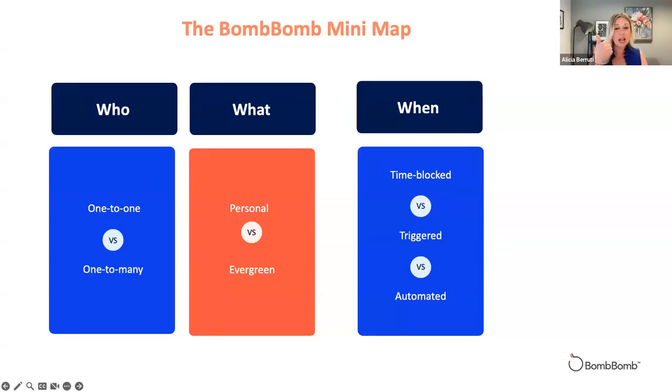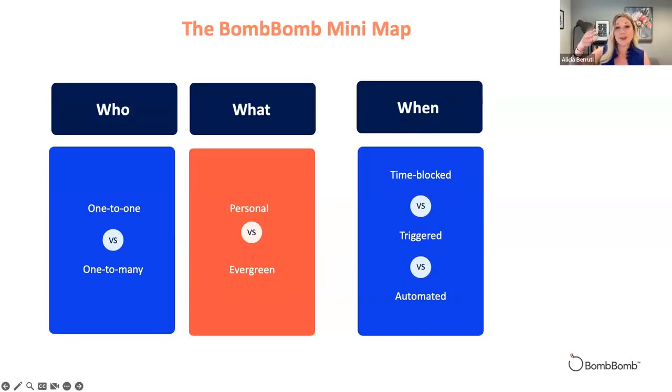Time blocked. Now, triggered would be when this person does this specific thing or moves into this certain step, then they get the video. Now, could that be an evergreen video? Absolutely, right? Because the moment that their appraisal comes in at value for the Chris Brown mortgage team, that triggers, I think her name was Sarah, it triggers Sarah that it's time to send that evergreen video.